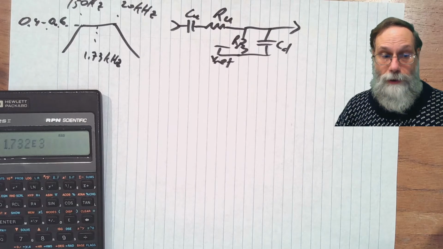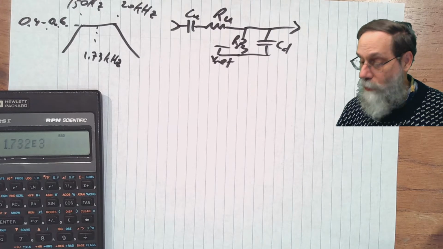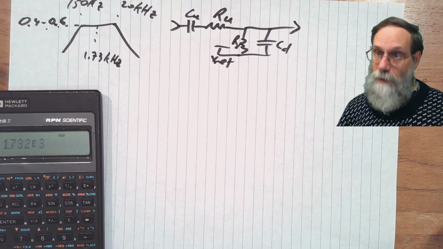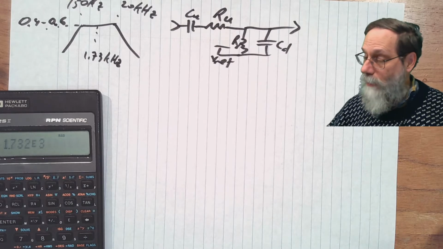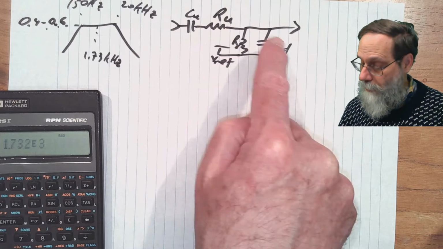We can also look at this, however, by taking 2 pi times this, squaring it and inverting it to get the product of the two time constants.